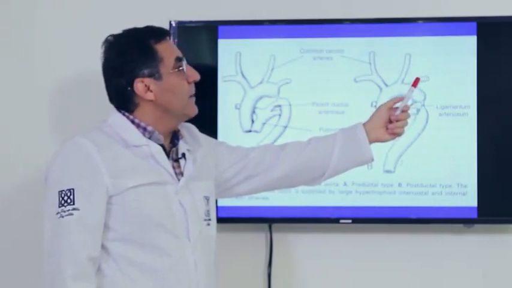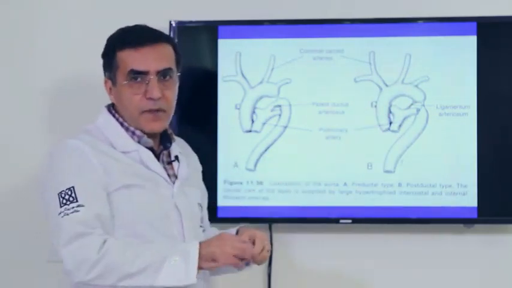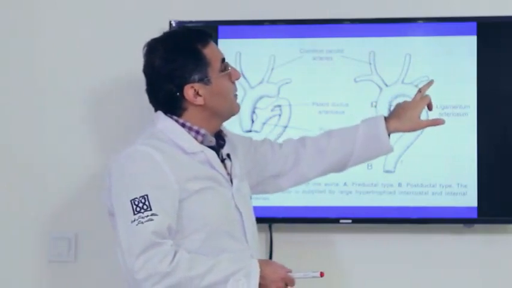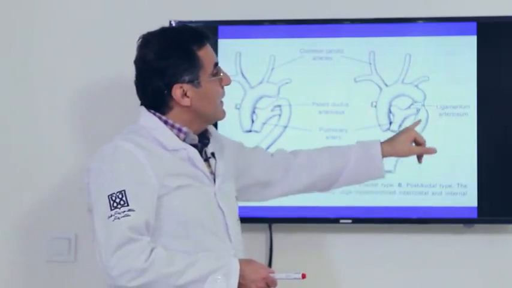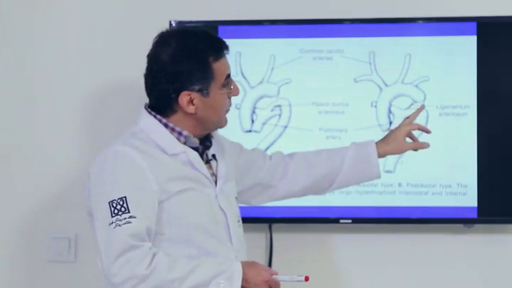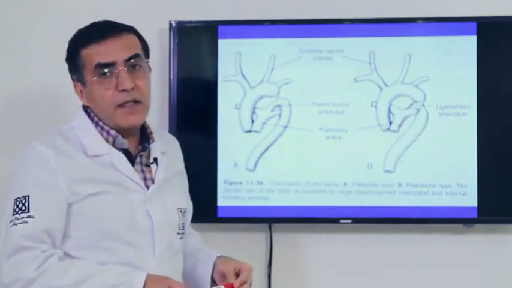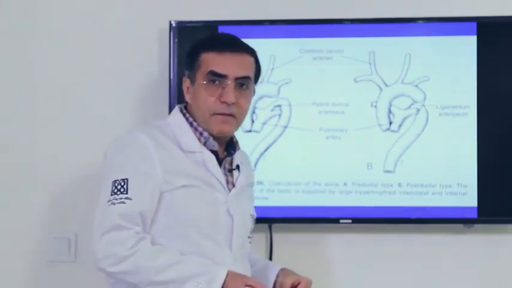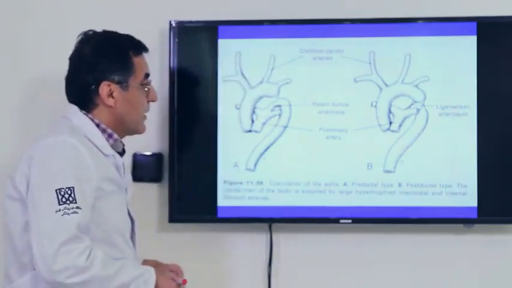The blood pressure in the upper limb is normal, but the lower limbs have a weak blood pressure because the obliteration takes place here. And if you examine the lower limb arteries, like the femoral artery, we have a low pulsation in the lower limb arteries.